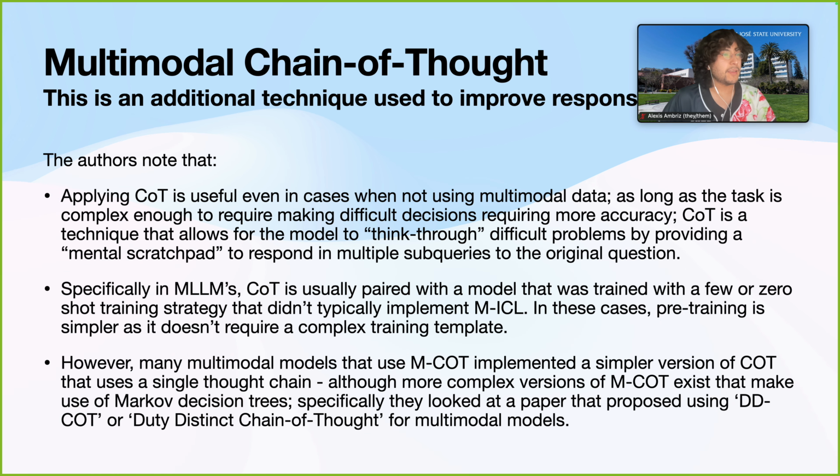That's why, when the researchers looked at chain of thought, the only paper they found that implemented the decision tree chain of thought was called DDCoT, distinct chain of thought, for handling the different kinds of modalities. But usually they just use the single chain method.